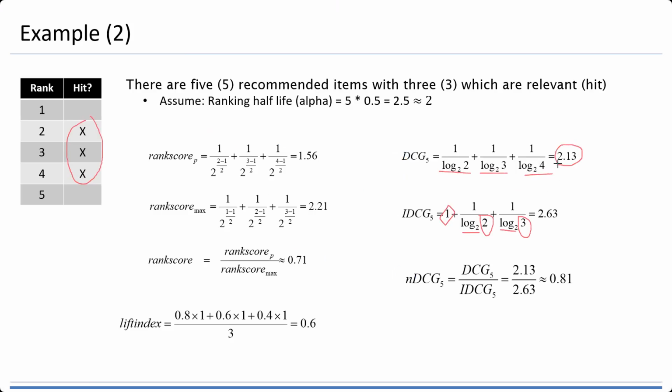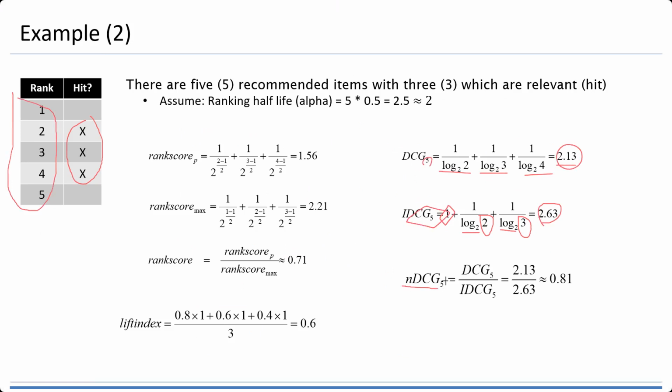We got the DCG at 5. DCG 5 means that for the 5 recommended items, the value is 2.13, and the idealized maximum for 5 items is 2.63.